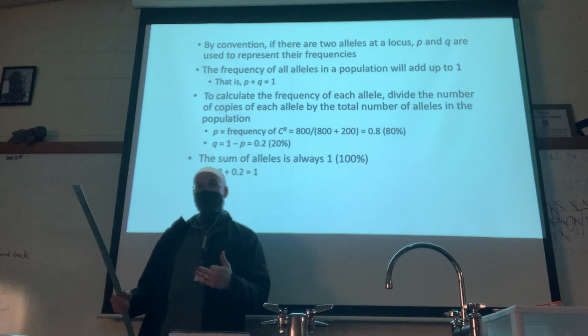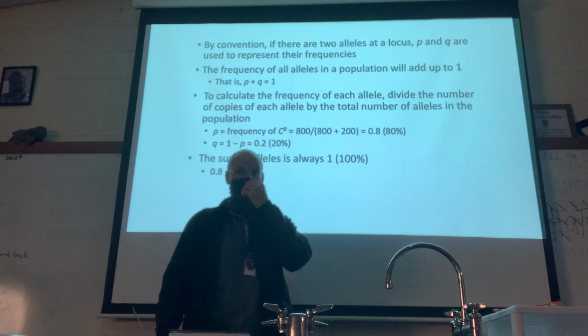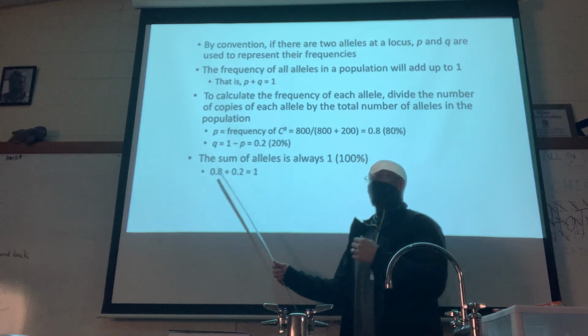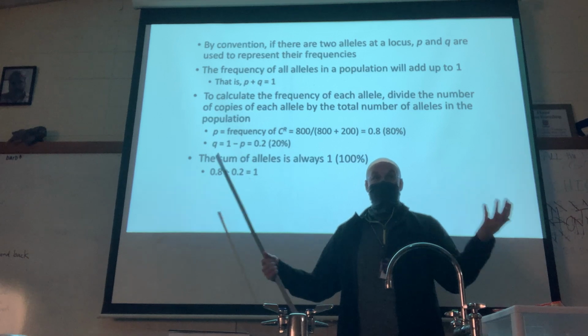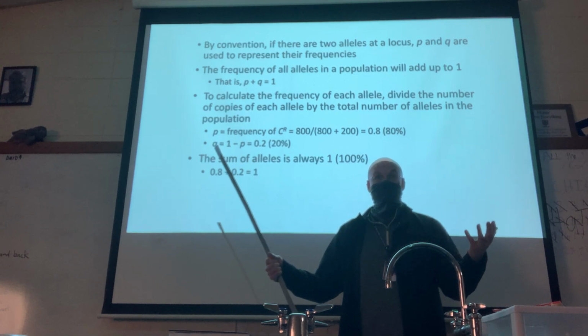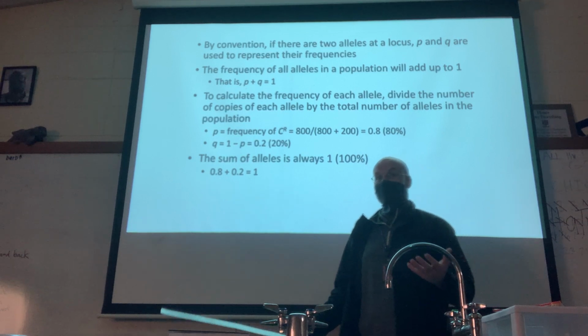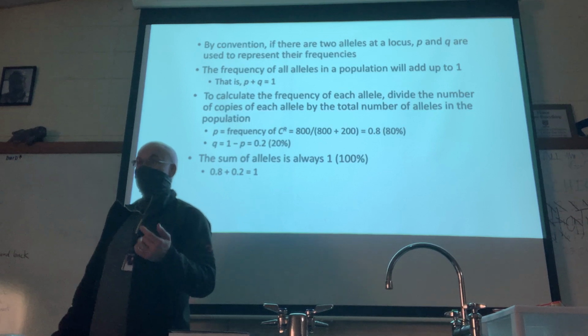If you come back 50 years from now and look at that population again, if those numbers have changed, that's change over time, which is evolution. So that's all you have to look at is the allele frequency to determine whether a population has evolved.